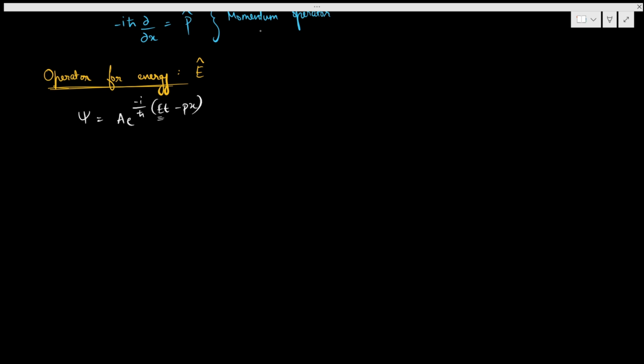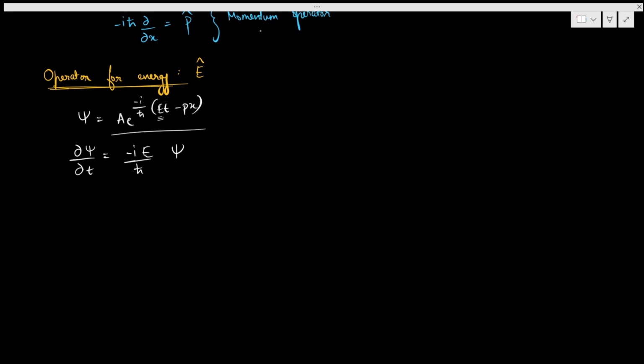You want this as your eigenvalue. So we're going to partially differentiate with respect to t this time so that we can get this E outside. So ∂psi/∂t is equal to, I think this is minus i by h cross into E, which is again multiplied by psi, which is this whole thing.